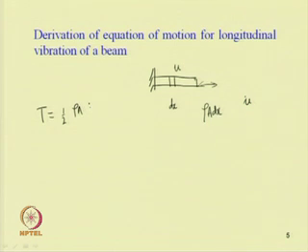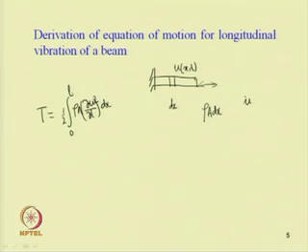As u is a function of both x and t, the velocity is del u by del t. So, for the small element the kinetic energy can be written as half rho A (del u by del t) whole square dx, and for the whole beam one can integrate to find the kinetic energy. So, the kinetic energy of the whole beam in longitudinal vibration can be written as half integral of rho A (del u by del t) whole square dx.